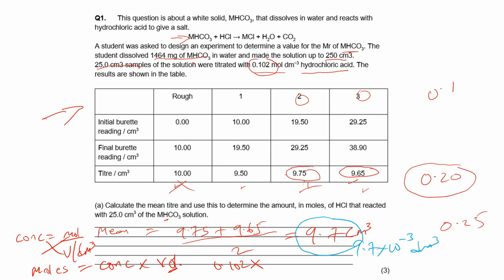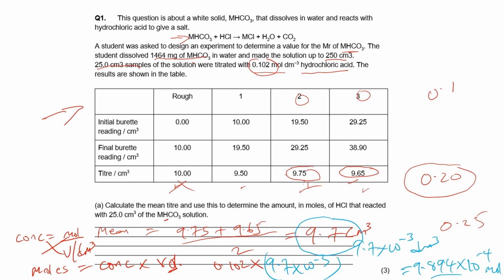So if you multiply 0.102 times 9.7 times 10 to the power minus 3, that will give us 9.894 times 10 raised to the power minus 4 moles. Okay, so that is the moles of HCl that reacted with 25 cm cube of the bicarbonate solution. I hope that makes sense.